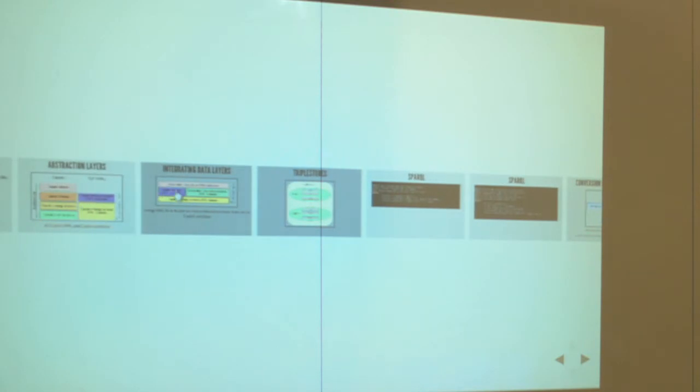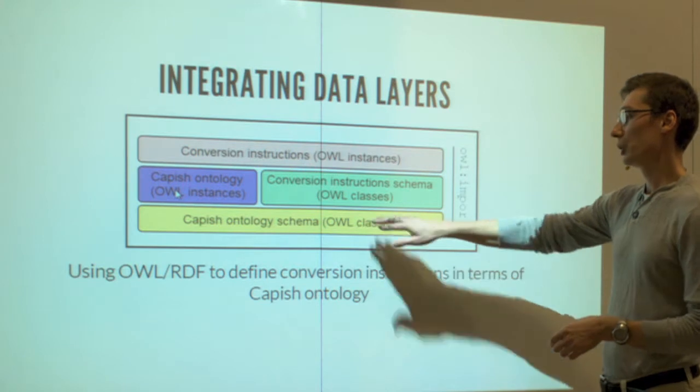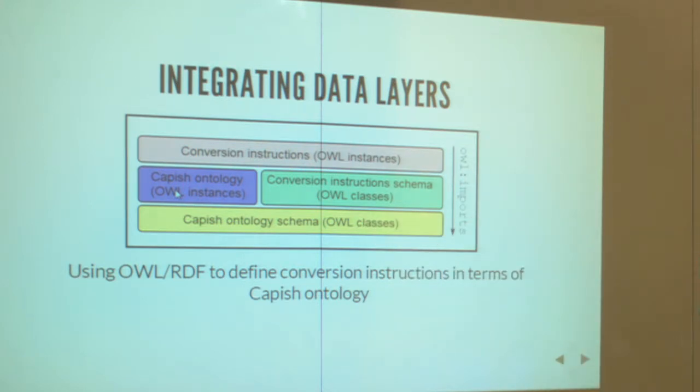Sorry, I just want to show. Yes, it is basically this one. This ontology says that there are such things as Capish fields, suffixes, attributes, object types, object templates, and so on.